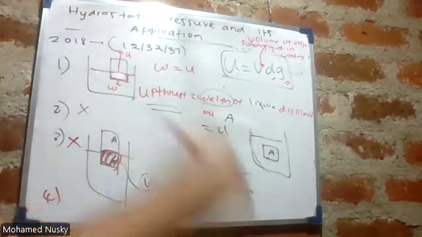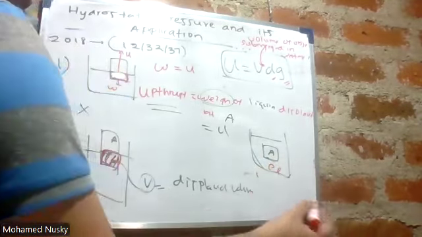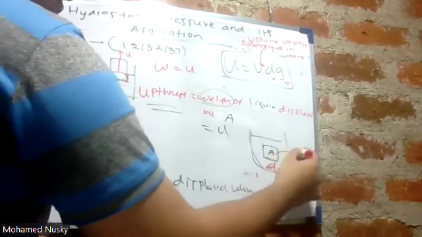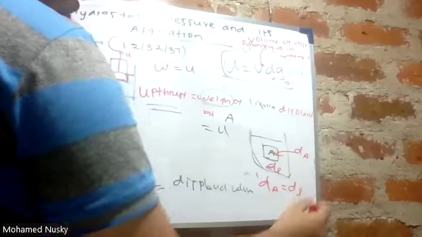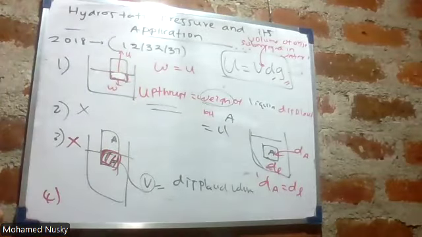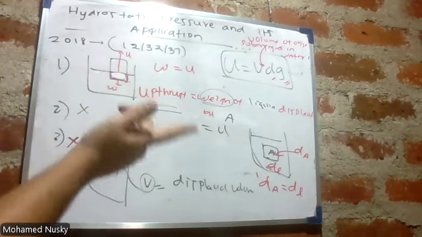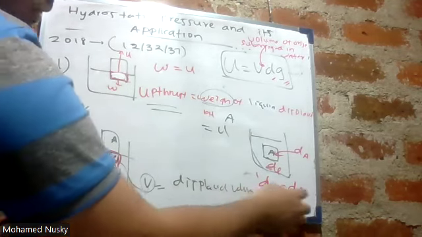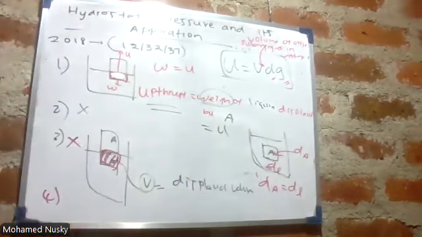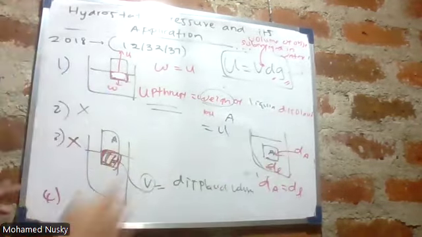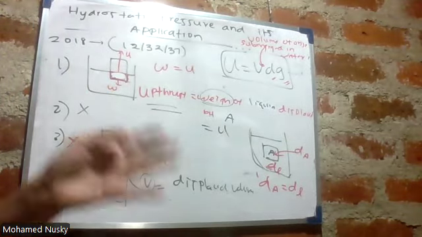Then only I can say, taking the density of liquid as dl and the density of A as dA, that the density of A is equal to the density of the liquid. If it is partially immersed, I can't say the density of the object is equal to the density of the liquid. When can I say that? Only when the object A is inside the water and when it is at rest. At that instance only, I can say the density of the liquid is equal to the density of the object.